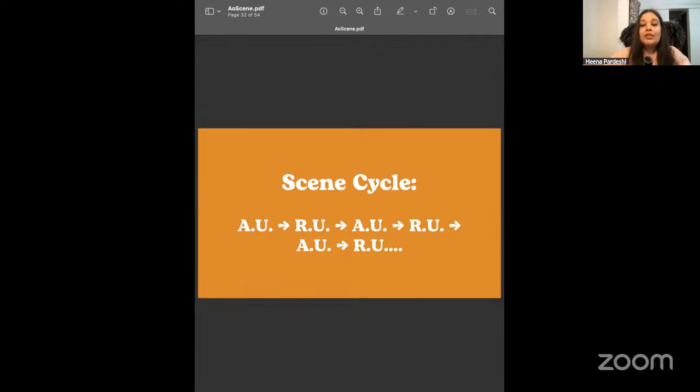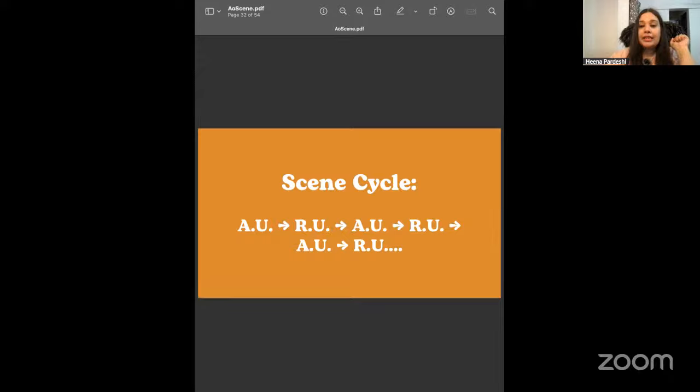Now, the scene cycle, the one that we have here on the screen, is the full rhythm of a scene. A powerful story flows like this, as you can see on the screen. Action unit, reaction unit, action unit, reaction unit, action unit, reaction unit. It's a continuous cycle.